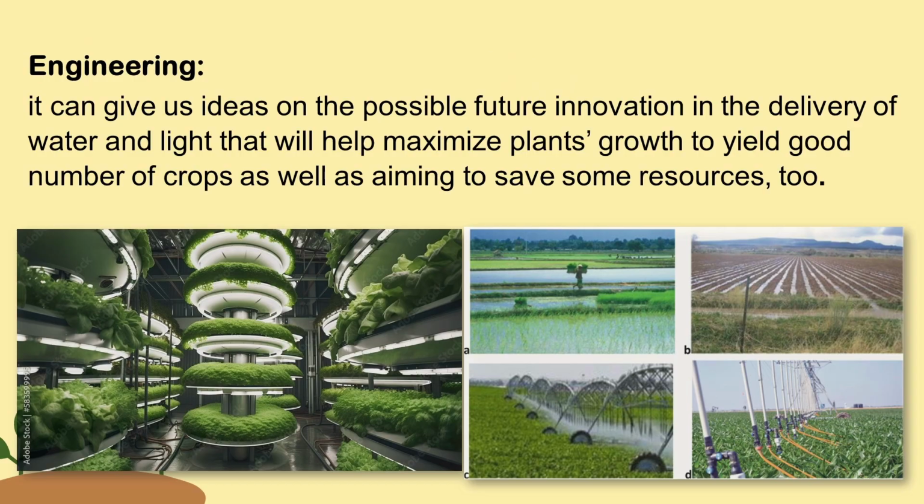Engineering: with this, it can give us ideas on possible future innovation in the delivery of water and light that will help maximize plants' growth to yield a good number of crops, as well as aiming to save some resources too.